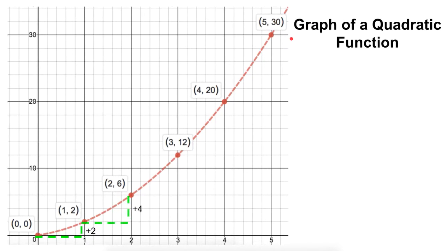And then the next step, we went up by 4. Then it went up by 6. Then 8. Then 10. In fact, that's the same pattern that we saw on the table, which should come as no surprise. So here, again, we see that same pattern, 2, 4, 6, 8, 10. We see that there's a constant second difference of plus 2, because 2, 4, 6, 8, 10, those are increasing by 2.